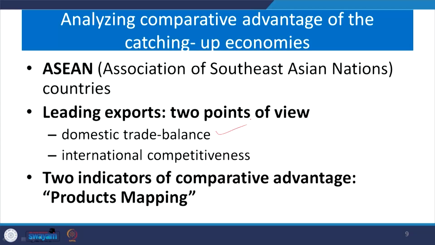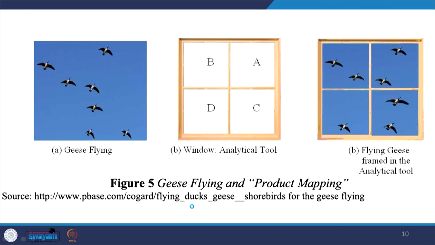So, many experts analyze. There are two points of view to explain the ASEAN comparative advantage: the domestic trade balance perspective and the international competitiveness perspective. So, on these two fronts, let us understand the products mapping and tap the comparative advantage. Now, as published here, you can check this site for the details, this is the source.